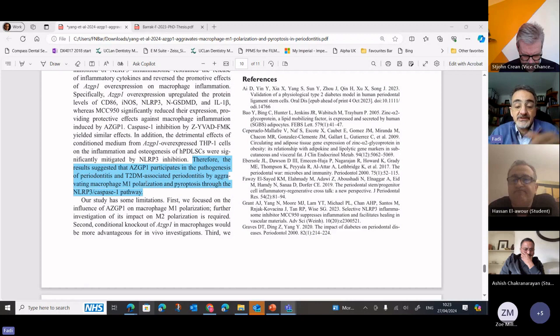So this is the way it does it. It makes the M1 more of an M1 polarization, and pyroptosis. Pyroptosis is the breakdown of the cell, releasing all the inflammatory materials, and that's all done through the caspase-1 pathway.